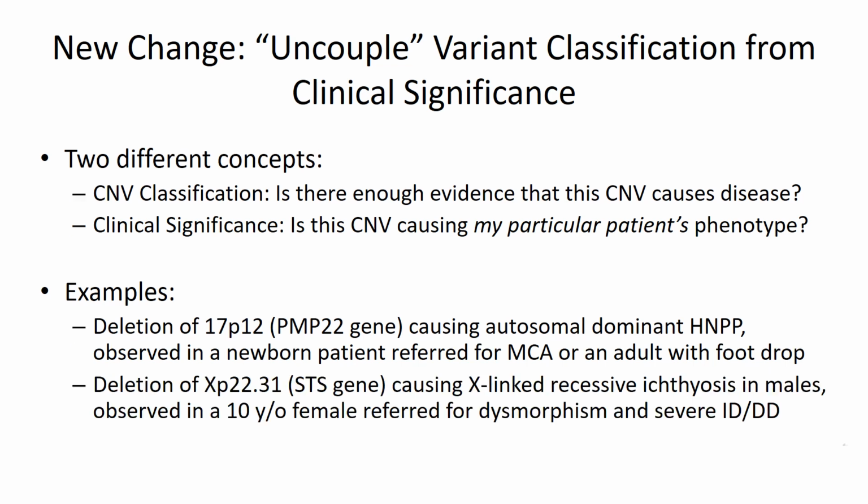Next, consider how you would classify and interpret a deletion involving a gene on the X chromosome that causes an X-linked recessive cutaneous disorder in males that is observed in a 10-year-old female referred for dysmorphism, severe intellectual disability, and developmental delay.